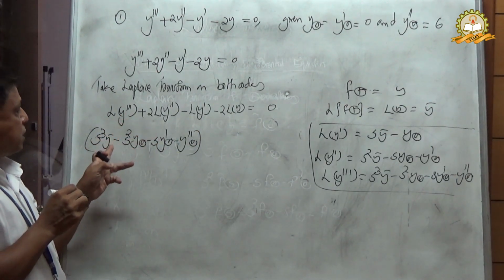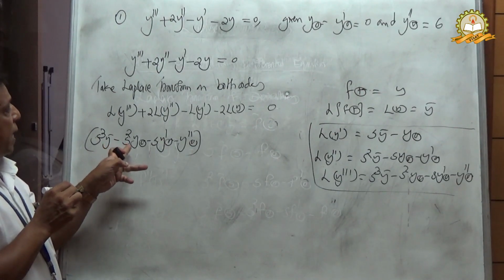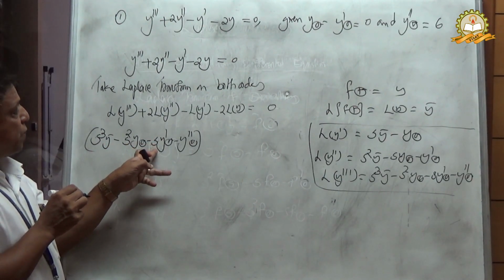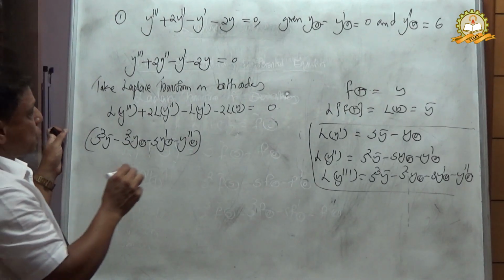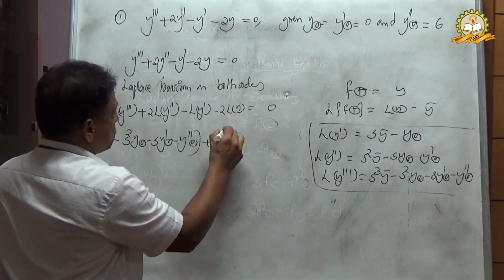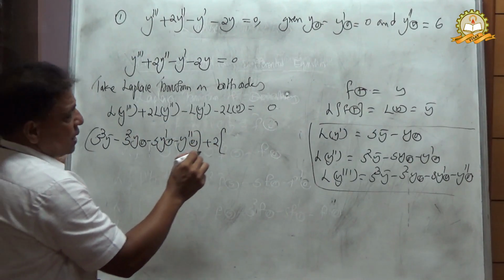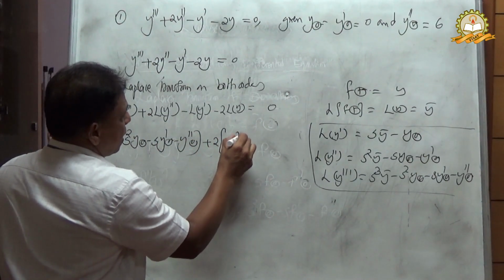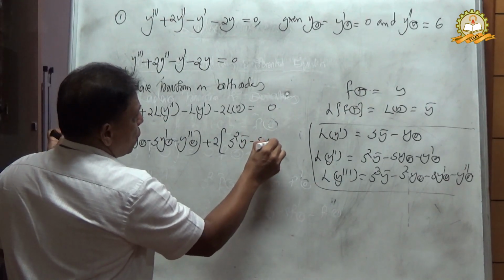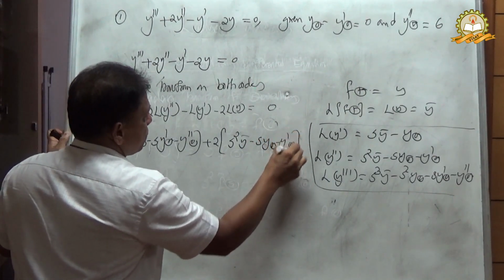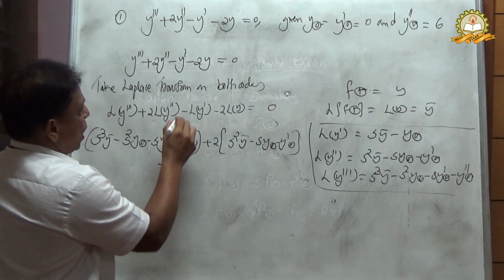L of y triple dash is equal to s cube y bar minus s square y0 minus s y dash 0 minus y double dash 0, plus 2 into, then apply the formula for L of y double dash. L of y double dash is equal to s square y bar minus s y0 minus y dash 0. Then minus L of y dash.